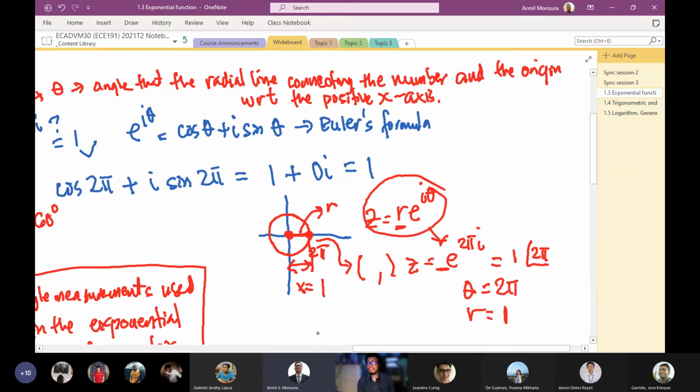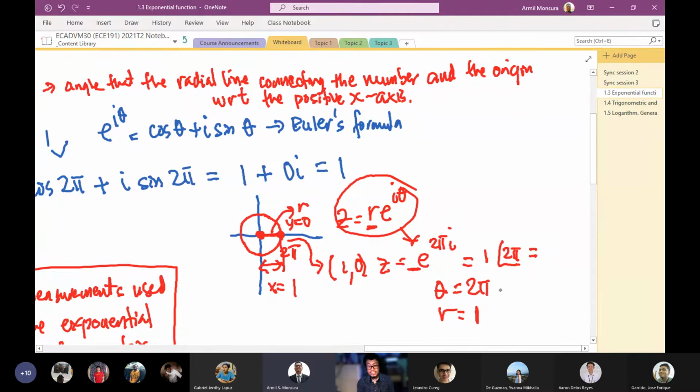Okay, very good. How about the y-coordinate? 0 po. So therefore, yung coordinate niyan is 1, 0. And therefore, what is that number in rectangular form?